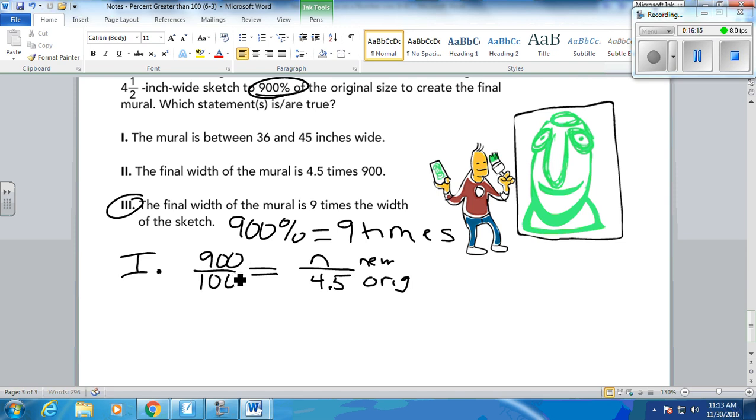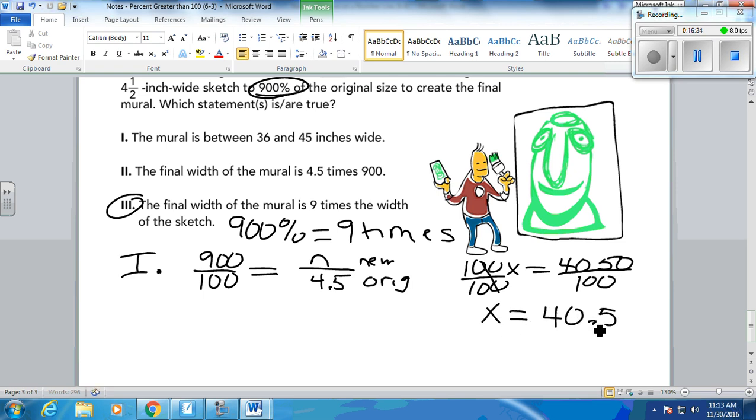So I put 900 divided by 100, and I go through and I calculate this out. And I will get 40 5/10. So that number is between 36 and 45 inches wide, so I know that that one is also true.